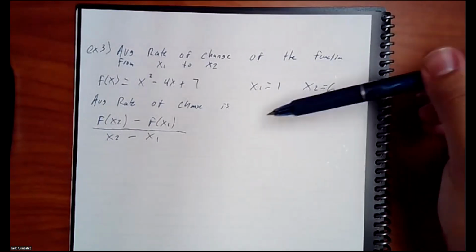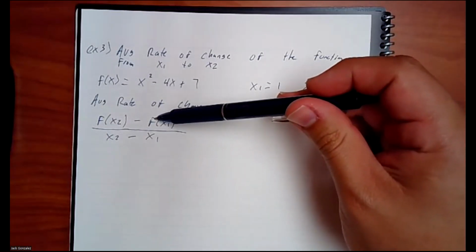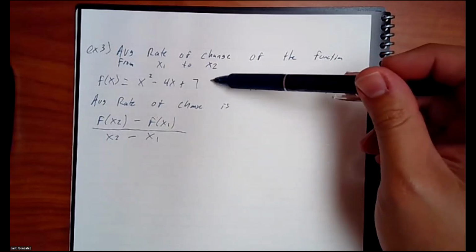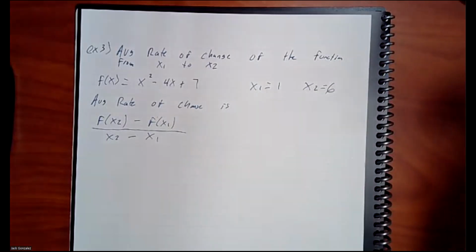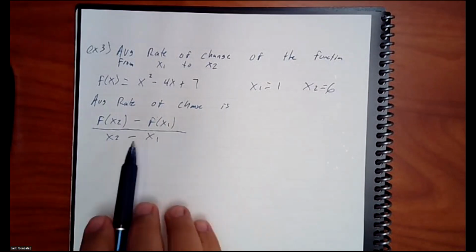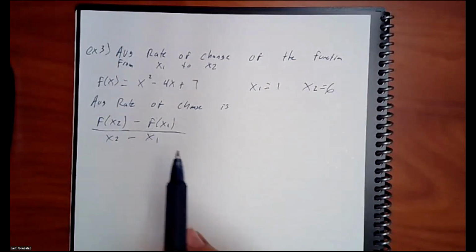The only difference is we're using functional notation and we're applying the slope formula to any function, not just a line or a linear function.